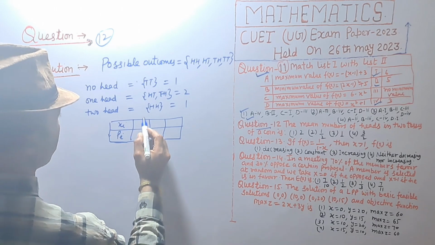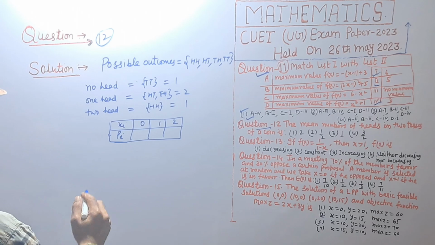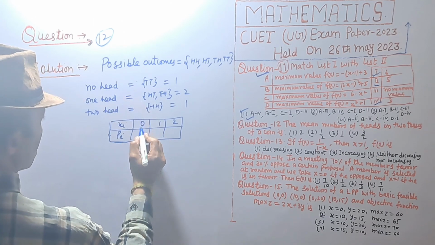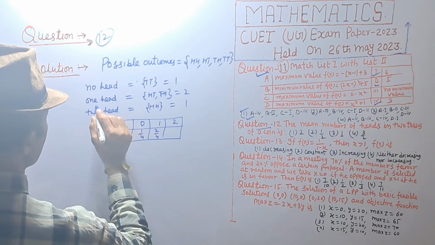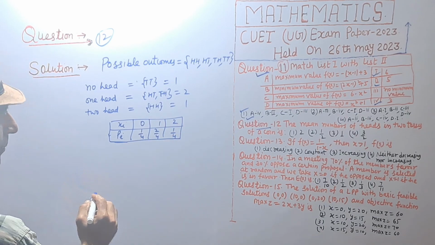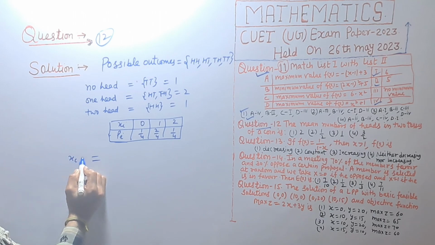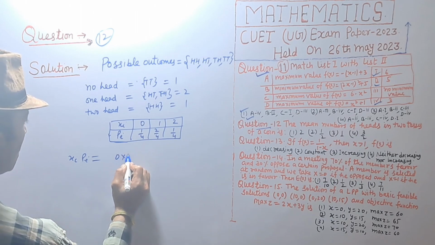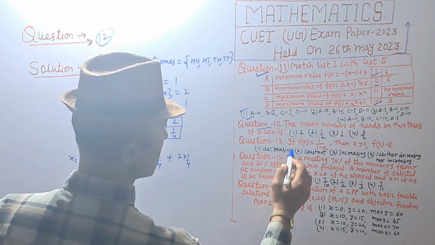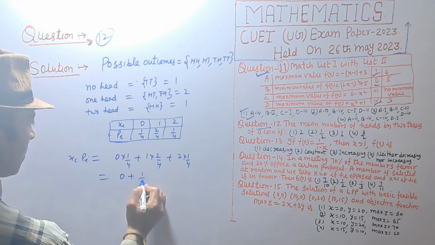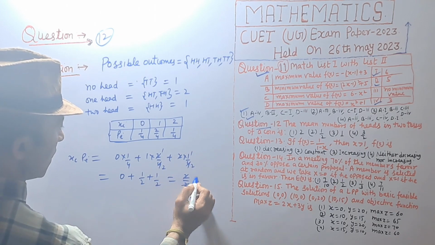x_i, p_i: 0, 1, 2 with probabilities 1/4, 2/4, 1/4. And sum x_i p_i is equal to 0 into 1/4 plus 1 into 2/4 plus 2 into 1/4. 0 plus 1/2, 2 twos are 4, 1/2 plus 1/2, that is 2/2, equal to 1.